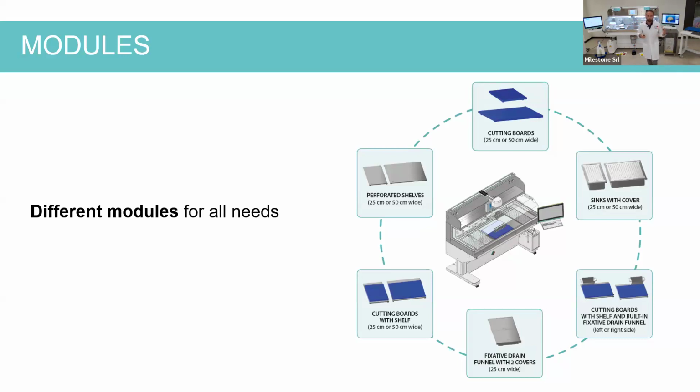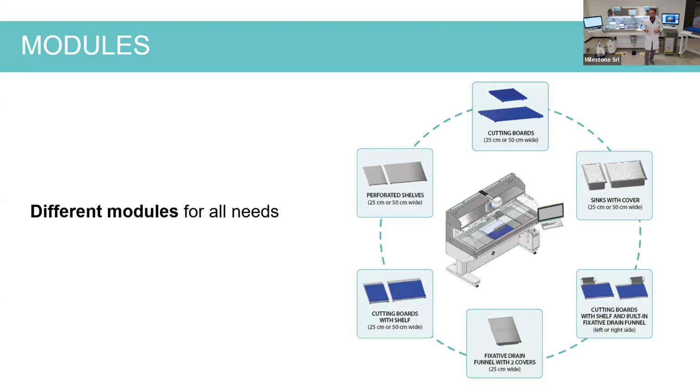Also, we have a perforated shelf, the smaller one that I showed you earlier, and also the bigger one that is right here. We also have a cutting board with a funnel integrated to drain exhaust formalin. We have several sinks with a perforated shelf over the top. So we give the possibility to fully customize the working area.